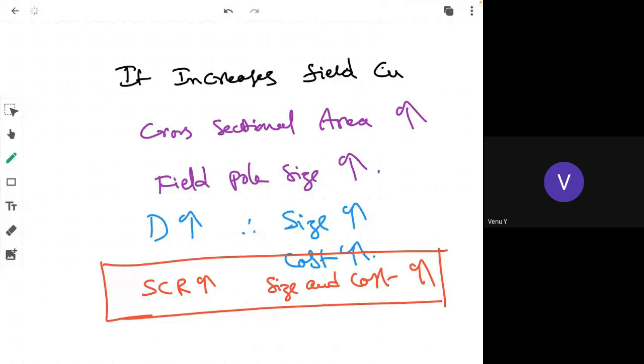This is the greater insight of the short circuit ratio of the synchronous machine. It is very important and crucial in this subject. Now, if you have any questions, please raise your questions.